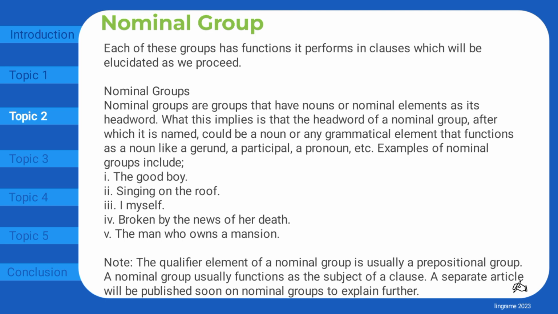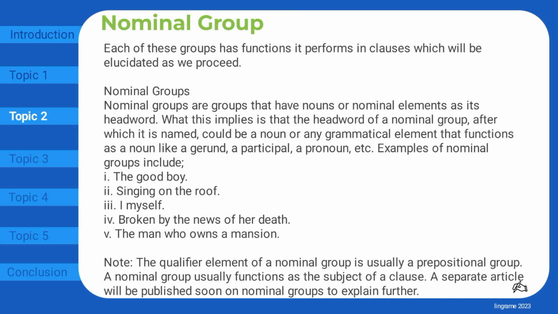Nominal groups. Nominal groups are groups that have nouns or nominal elements as their head word. What this implies is that the head word of a nominal group, after which it is named, could be a noun or any grammatical element that functions as a noun, like a gerund, a participle, a pronoun, etc. Examples of nominal groups include the good boy, singing on the roof, I myself, broken by the news of her death, the man who owns a mansion.